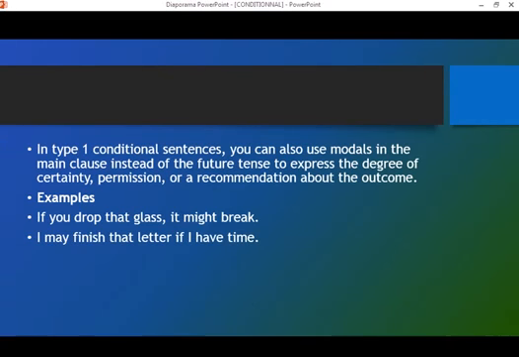In type 1 conditional sentences, you can also use modals in the main clause instead of the future tense to express the degree of certainty, permission, or recommendation about the outcome. For example, if you drop that glass, it might break. This is the modal, okay? I may finish that letter if I have time.